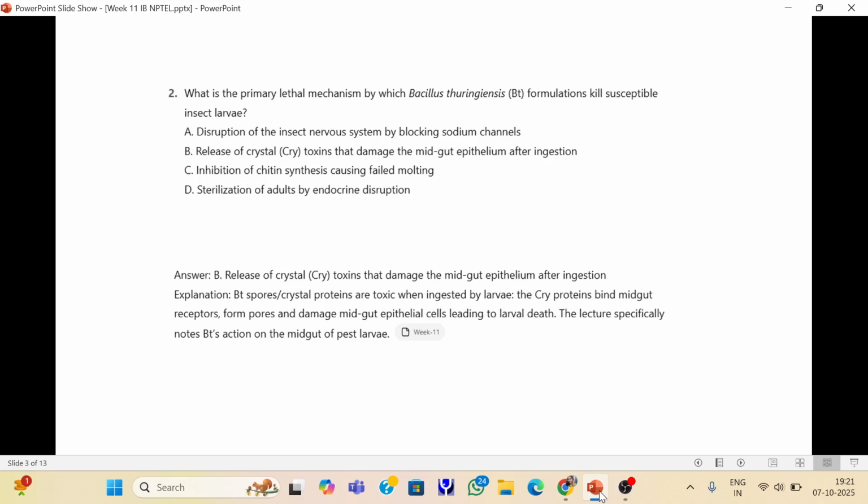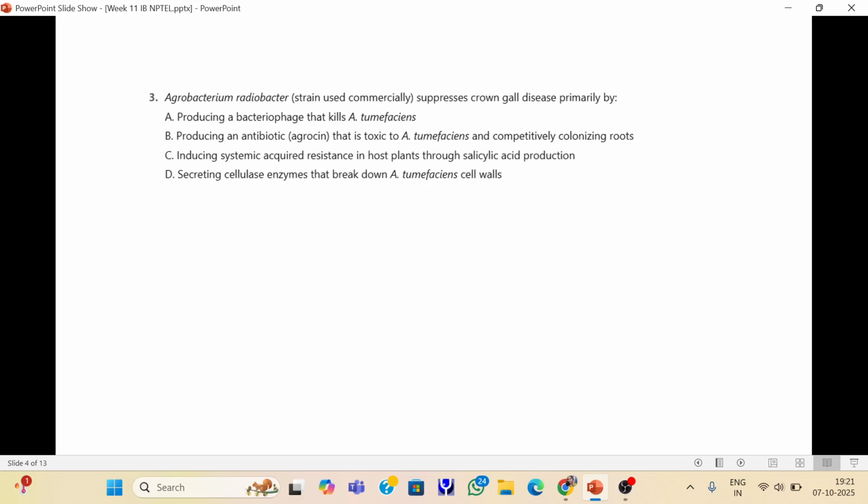So they damage the epithelium of the insect larva by releasing the crystal toxins which is taken up by the insect larva. The explanation is written as BT spores or crystal proteins are toxic when ingested by the larva. The crystal toxin proteins bind midgut receptors, form pores and damage the midgut epithelial cells leading to larval death. Okay, this was quite clear. On to the next question.